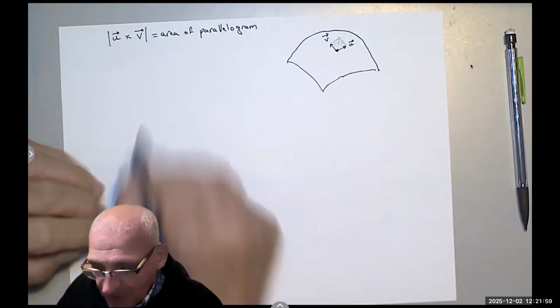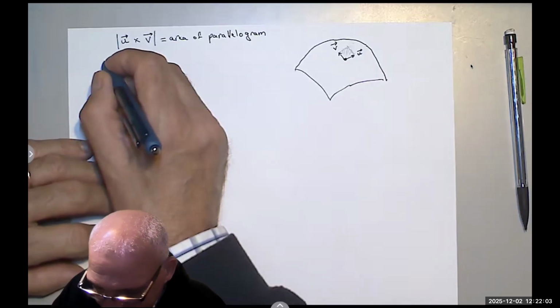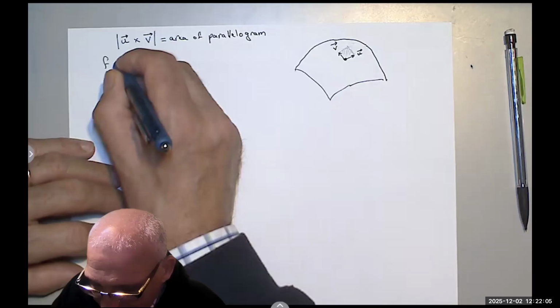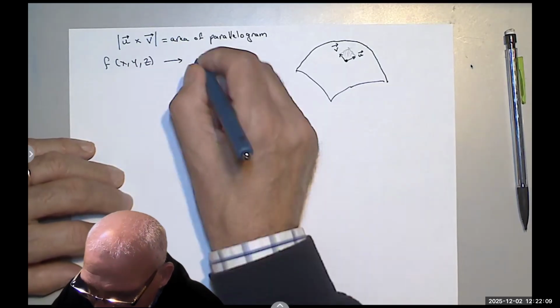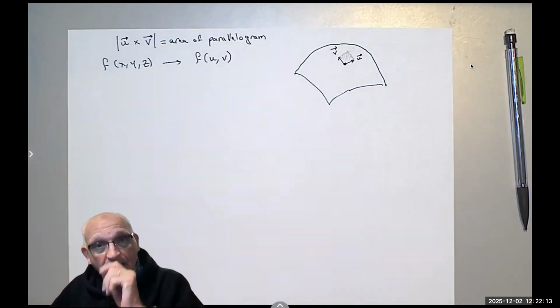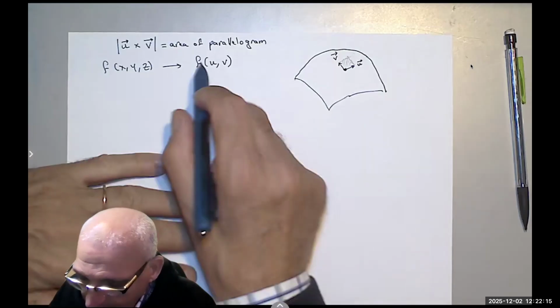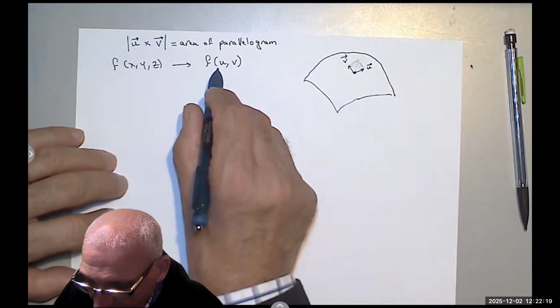So the way we do it, we are going to write the function. My function probably is f of x, y, and z, right? I'm going to parameterize it and make it a function of u and v. Then I'm going to find the derivative.